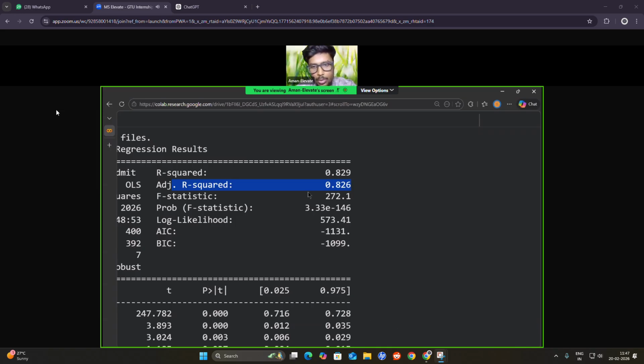R2 score is nothing but it is used to evaluate your model, especially your regression model.